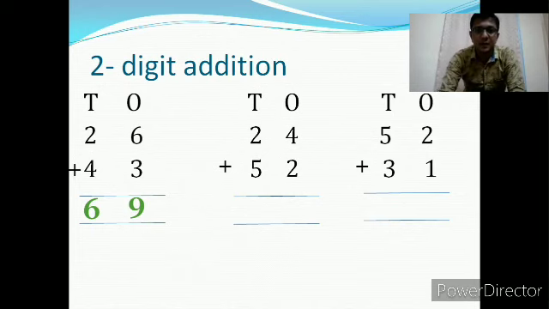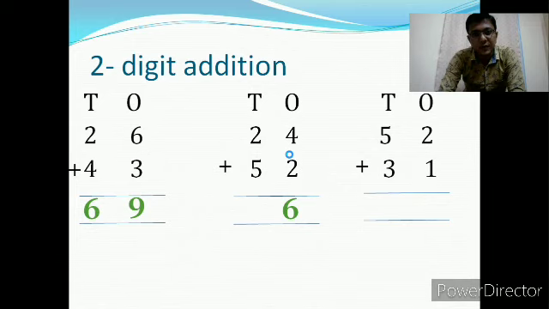69. Next we will move on to the other example. We have 24. 2 is in the tens place, 4 is in the ones place; in 52, 5 is in the tens place, 2 is in the ones place. 24 and 52. Add 4 plus 2. Already we have added 2 plus 4, and 2 plus 4 and 4 plus 2 are both the same.